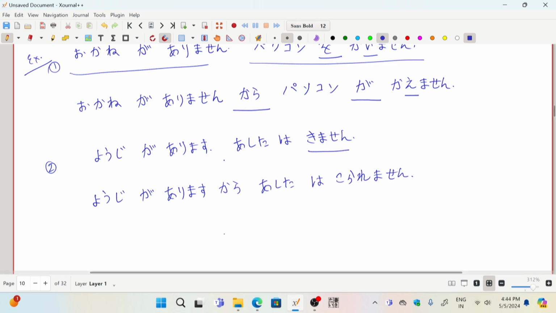So kimasen will change into koraremasen, and since there is no o particle, nothing else will change in the sentence. So here we will finish today with the potential form of the verb, and it's very interesting and useful for the language. Thank you.